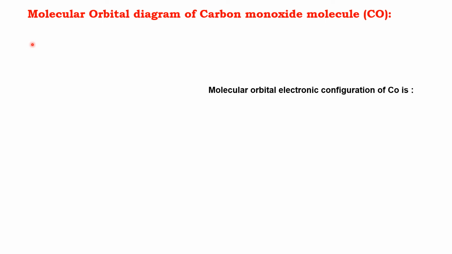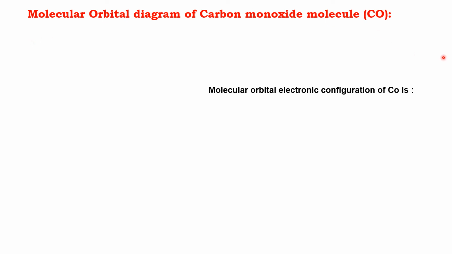Carbon has a 1s2 configuration. Similarly, oxygen has a 1s2 configuration. So the 1s orbital of carbon combines with the 1s orbital of oxygen to form sigma 1s and sigma star 1s, and the electrons will enter into the sigma 1s and sigma star 1s orbitals.